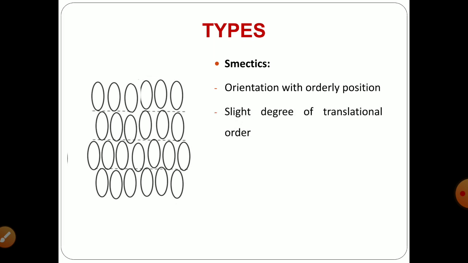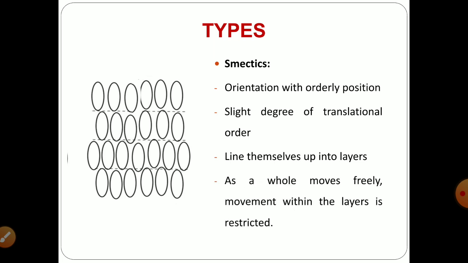Because of the slight degree of translational order in this phase, the molecules tend to line themselves up into layers, while these layers as a whole move freely. As on your display, you are observing dotted lines between the two molecules which are aligned or arranged in an ordered position.